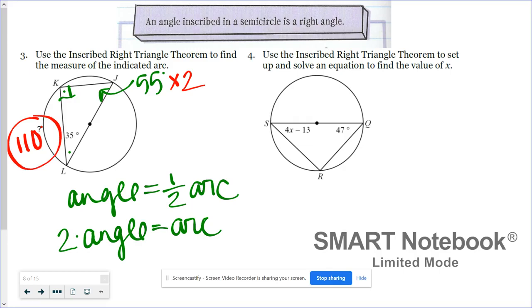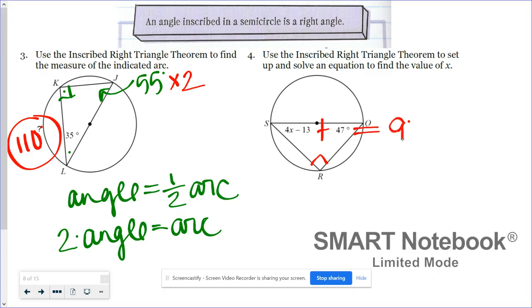In problem 4, I'm going to use the inscribed right triangle theorem to find the value of x. I know that angle R is a right angle, which means the other two angles have to add up to 90 degrees.